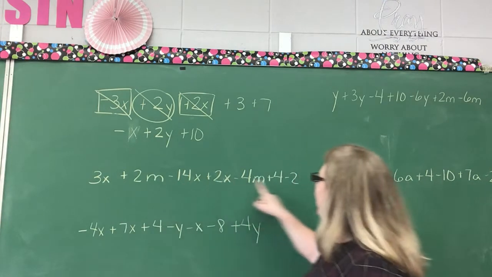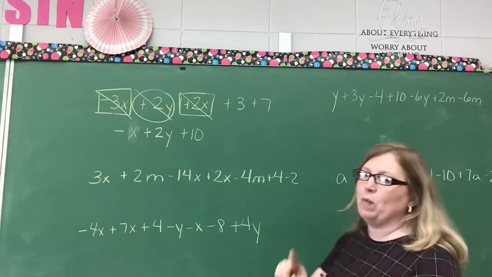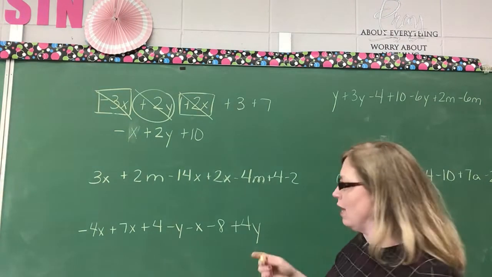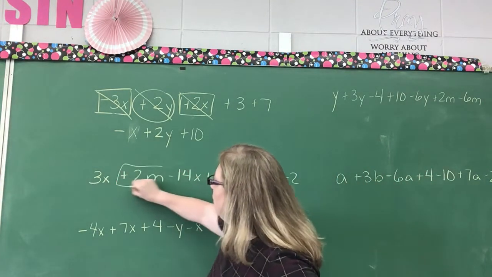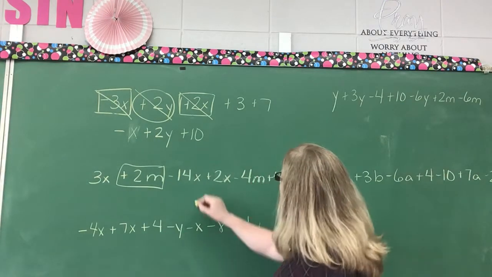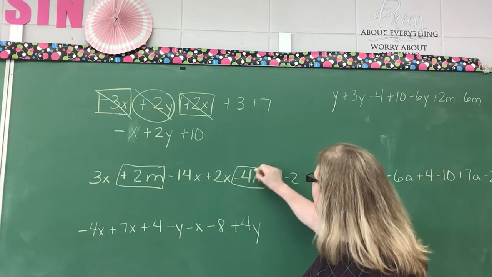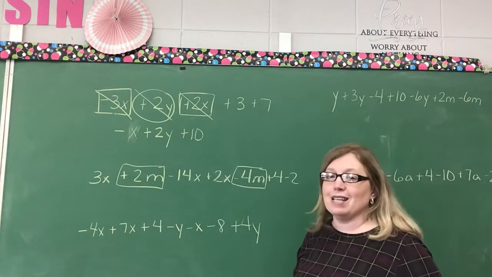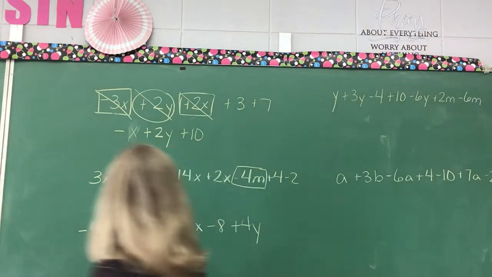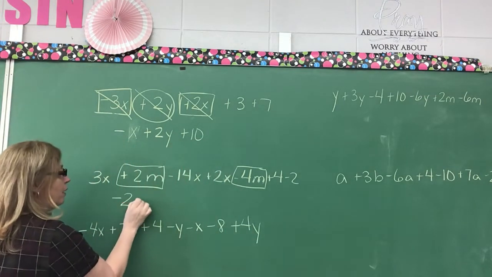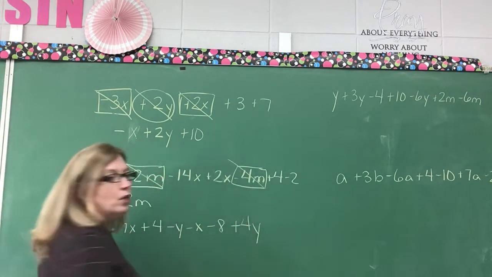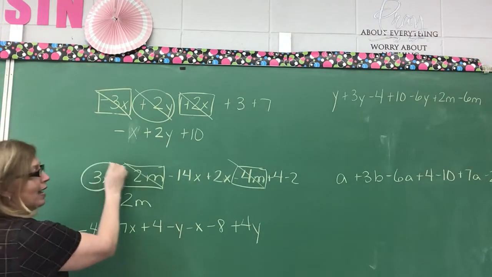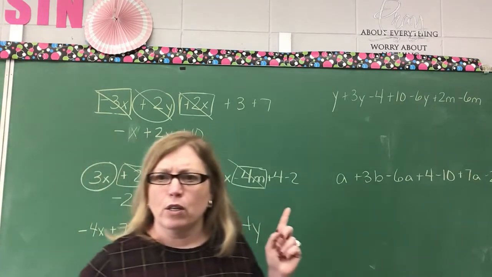Look at this. Okay, we have m's, we have x's, and we have constants. Well, m comes before x in the alphabet, so let's look for all the m's. We have a 2m, and we have a negative 4m. That's all I have. So what is 2 plus a negative 4? I get negative 2m. And I've used those. So what do I use next? I'm going to use my x's. Well, I have 3x. It doesn't have a sign. So what does that mean?